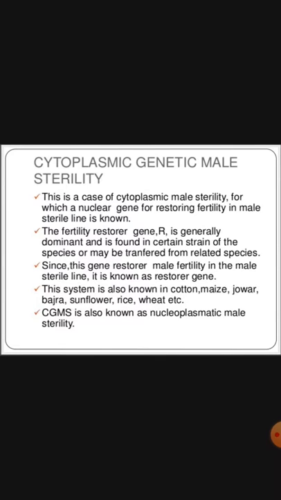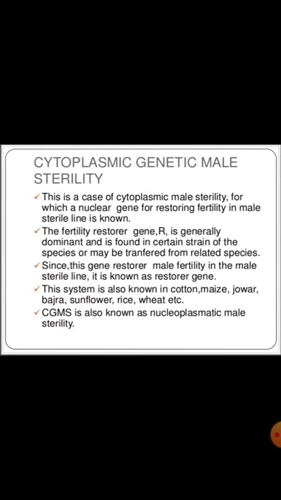This happens when the fertility restorer gene is dominant and found in certain strains of the species. Here you can see the picture of how the restorer gene restores the fertility in the male sterile line.